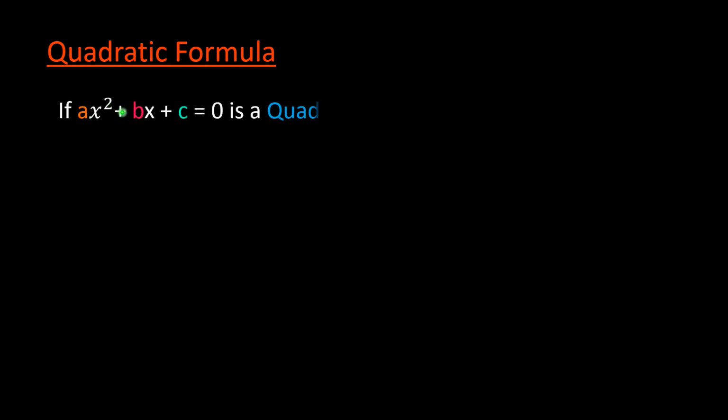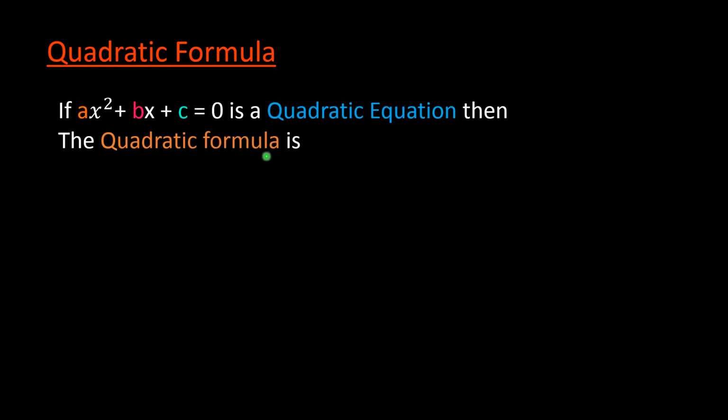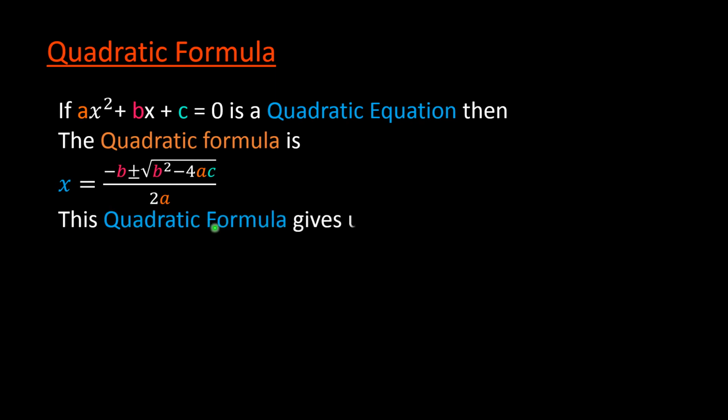If ax squared plus bx plus c equals 0 is a quadratic equation, then we have the quadratic formula as x equals minus b plus minus under root b squared minus 4ac divided by 2a. This quadratic formula gives us two roots.